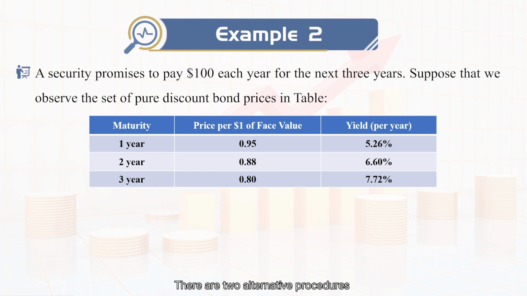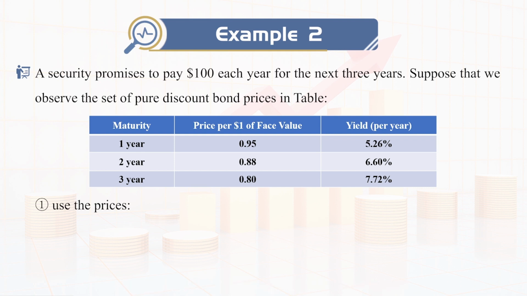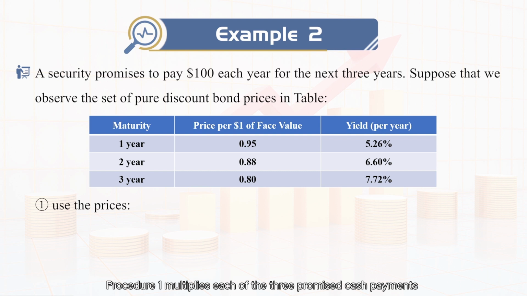There are 2 alternative procedures that we can use to arrive at a correct value for the security. The first procedure uses the prices in the second column of this table, and the second procedure uses the yields in the last column. Procedure 1 multiplies each of the 3 promised cash payments by its corresponding per dollar price and then adds them up.